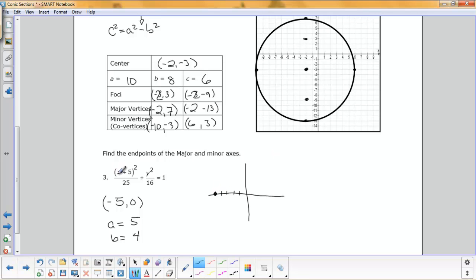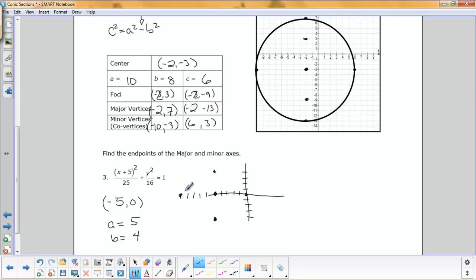Alright, since A is underneath the x value, I will be counting left and right 5 units. I'll be counting up and down 4 units. And there is a rough sketch of the critical values on my ellipse.